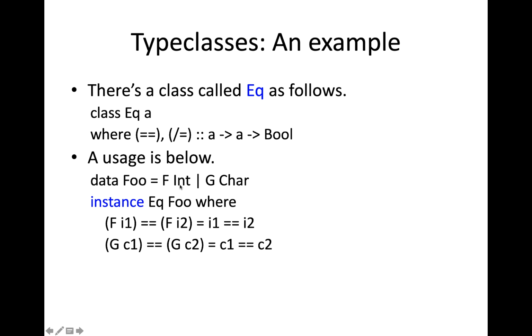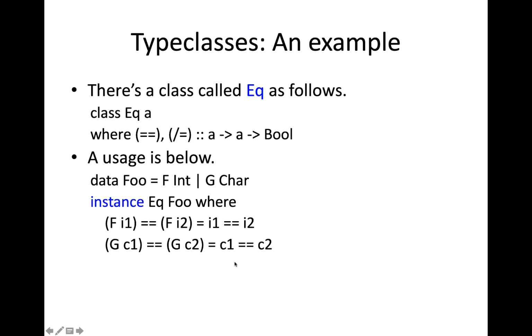When this foo has an int, say one object of foo is f i1, another object is f i2, we call them equal if i1 and i2 are equal. Similarly, if foo is a character c1 or character c2, we call them equal when c1 and c2 are equal.